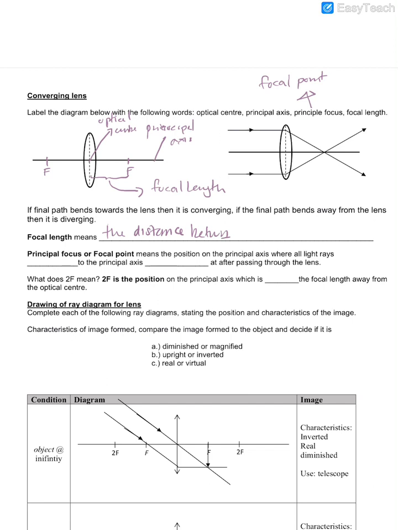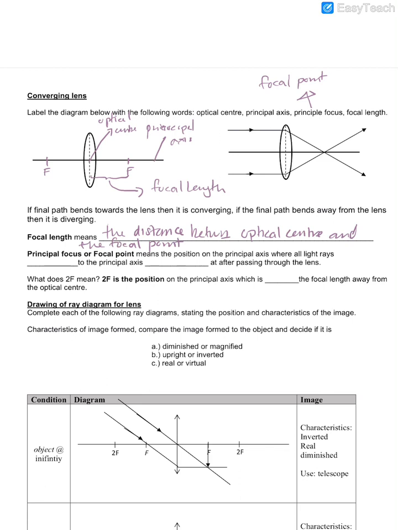Be more specific: between the optical center and the focal point. So that is your focal length, the distance between these two, right? So it's quite a commonsensical definition, if you understand what you're doing.